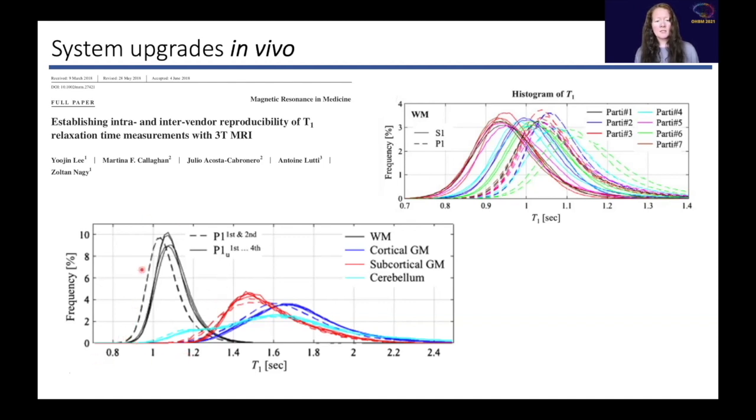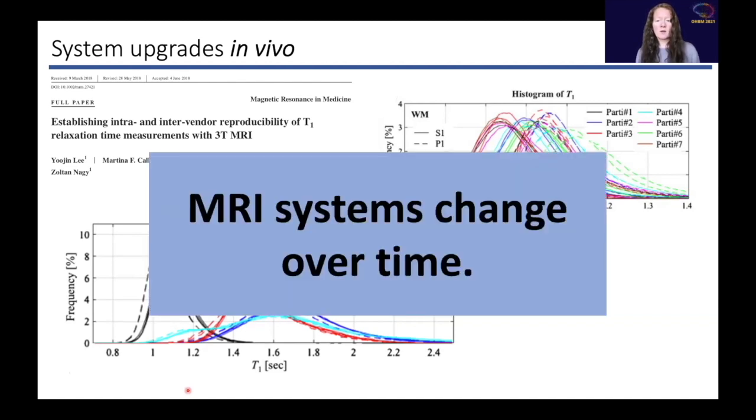The dashed line is a pre-upgrade, and the solid line is a post-upgrade. And we can again see a bias between the pre and post-upgrade data, which is in agreement with the results from our phantom study.